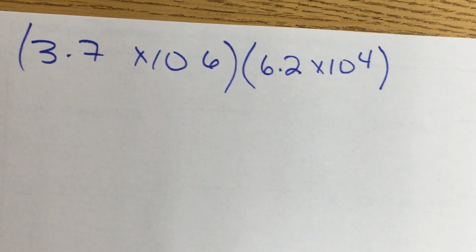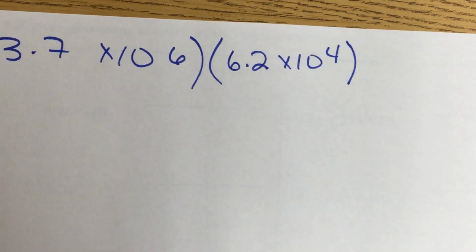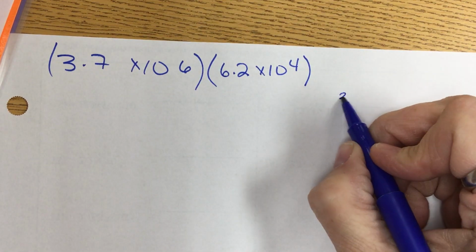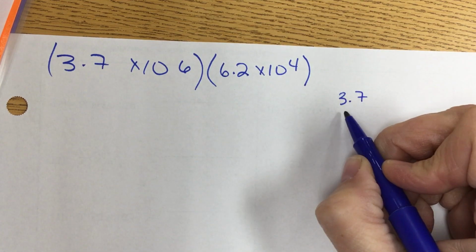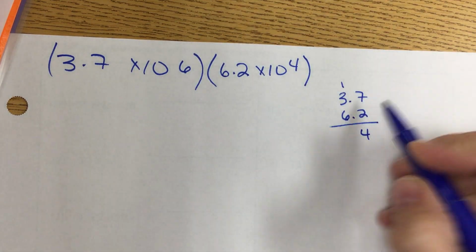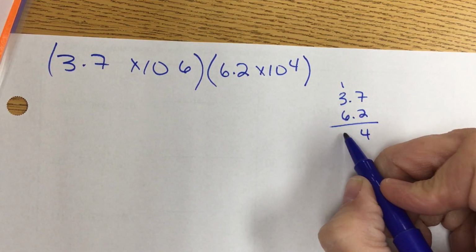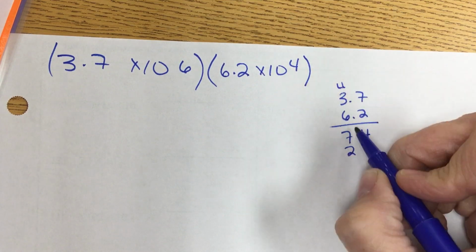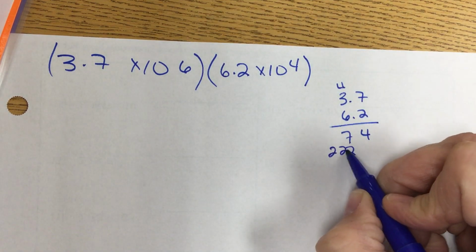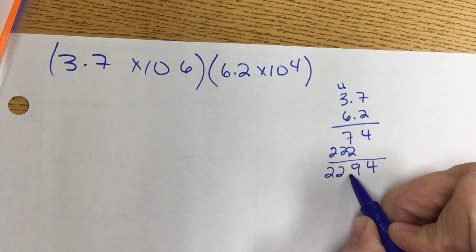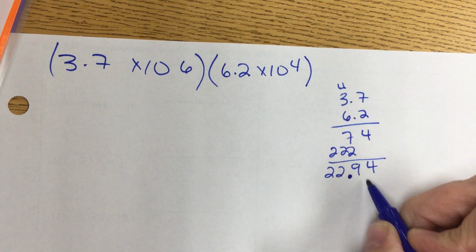Now hopefully you remember how to multiply decimals. Over here I'm going to do 3.7 times 6.2. That's a 14, right? 14. That's 6, 7. That's a 42. That's 18, so that's 22. A 4, a 9, a 2, a 2. I remember my decimal spot. There are 2 decimals.